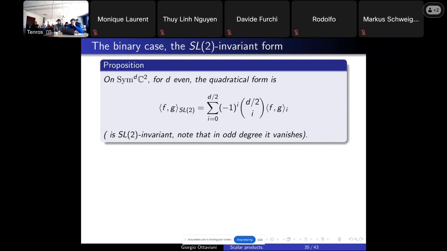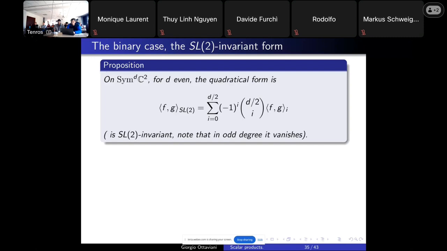A particular choice in the interior of the cone, because this cone works even in two variables. Two homogeneous variables means one non-homogeneous variable. But it works only when d is even. And you see in this binomial coefficient, you have to divide by 2. This expression is not only orthogonal invariant, but even SL2 invariant.